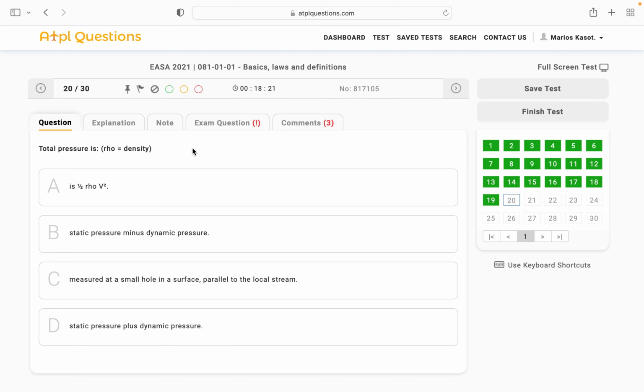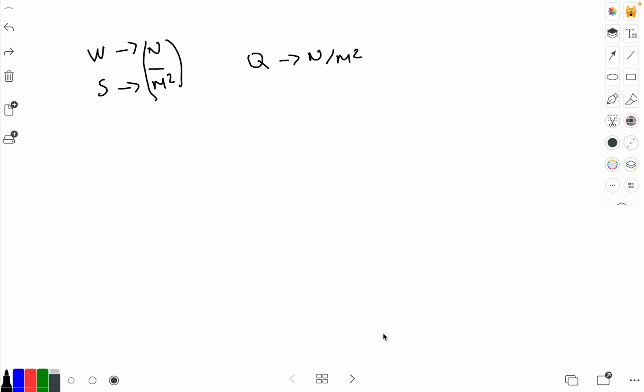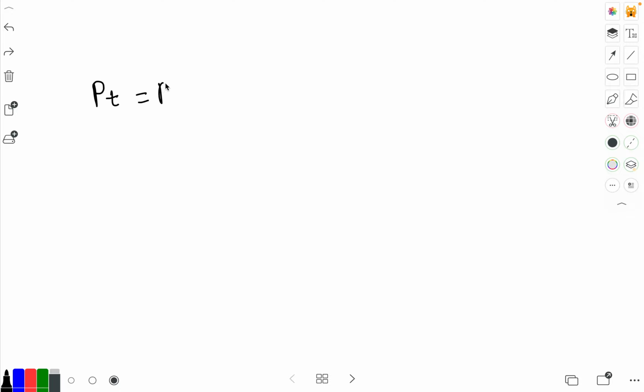The total pressure is, again, I know that we have already mentioned it, but practice makes perfect. Pressure total equals static pressure plus dynamic pressure.